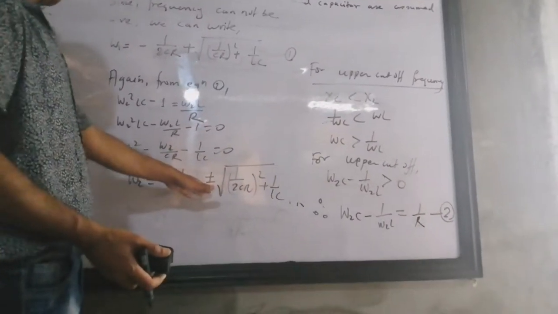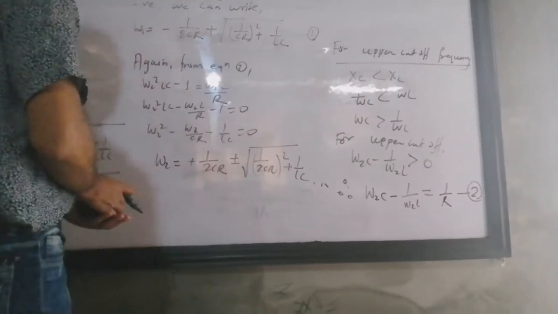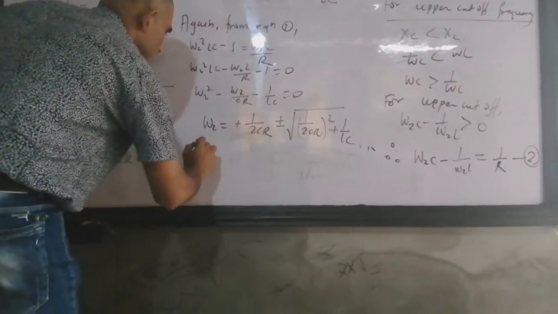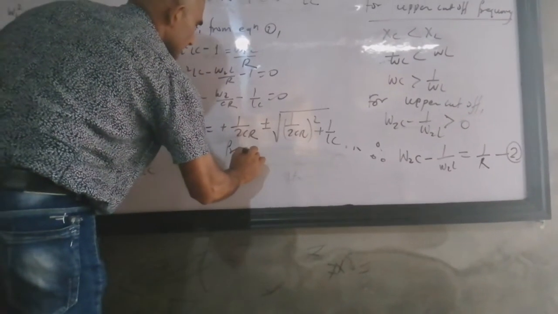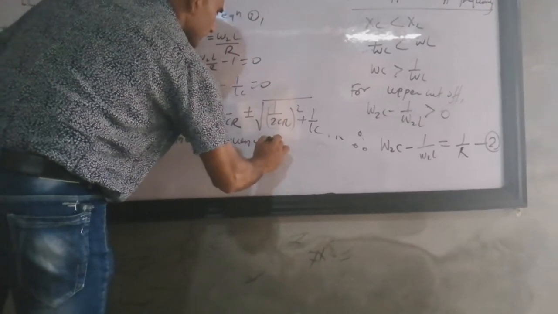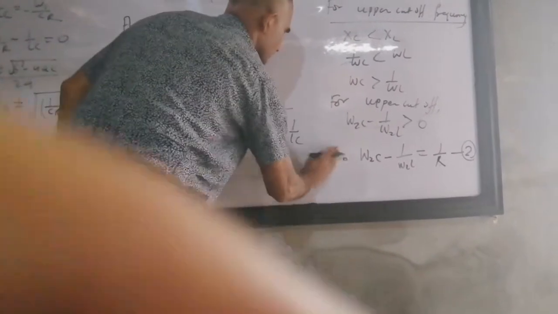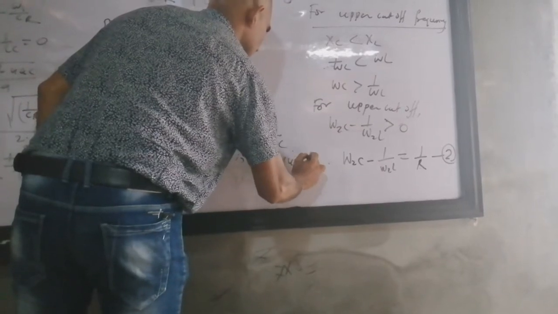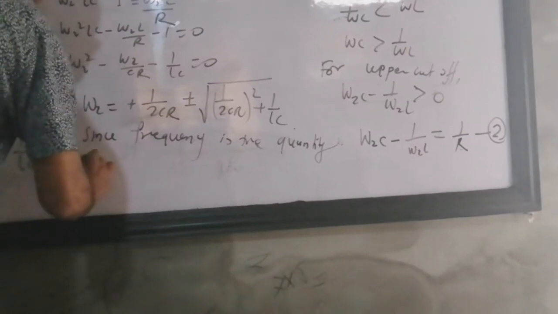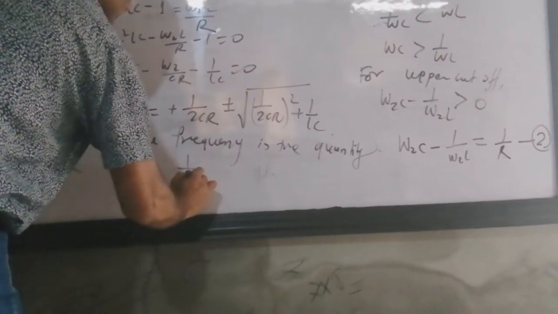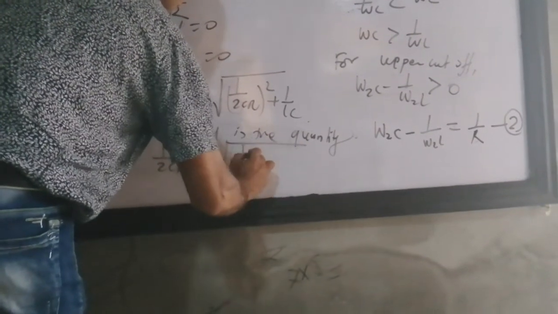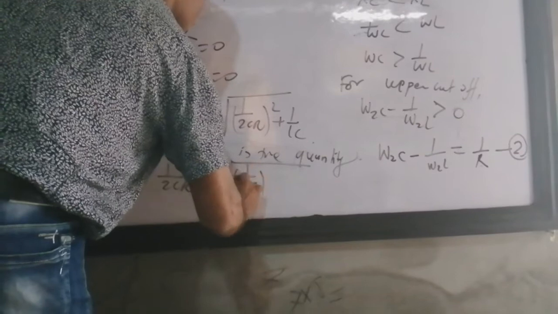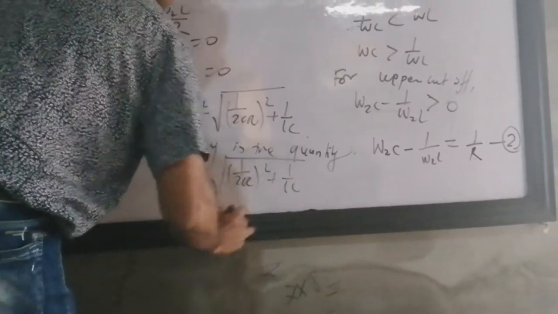If I try the minus sign, this term will be bigger and the answer will be negative. Since frequency is a positive quantity, omega 2 will be equal to 1 by 2CR plus root under (1 by 2CR) whole square plus 1 by LC.